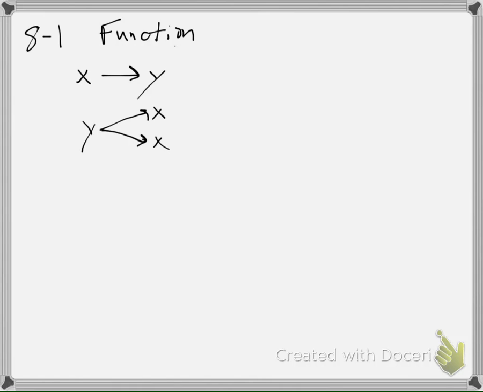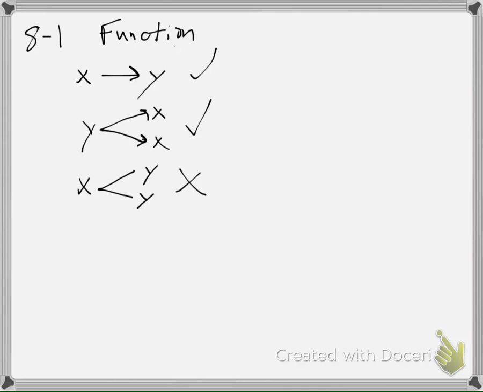You just can't have one x value matched with more than one y. So this is still a function, okay? And this is a function. The only thing that's not a function is if you have one x going to multiple y's.